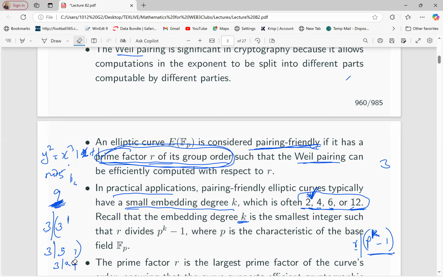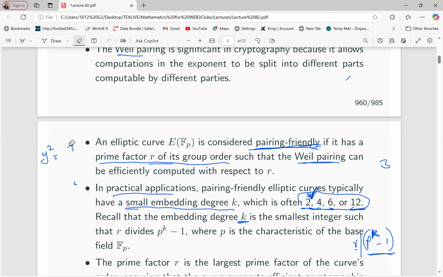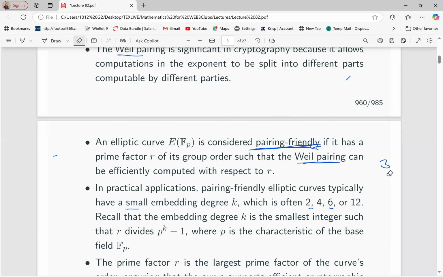So this elliptic curve is not pairing friendly. Now we need just to know what pairing friendly curves are, and then we proceed to do Weil pairing, because we'll be using pairing friendly curves to do this, not just any curve.